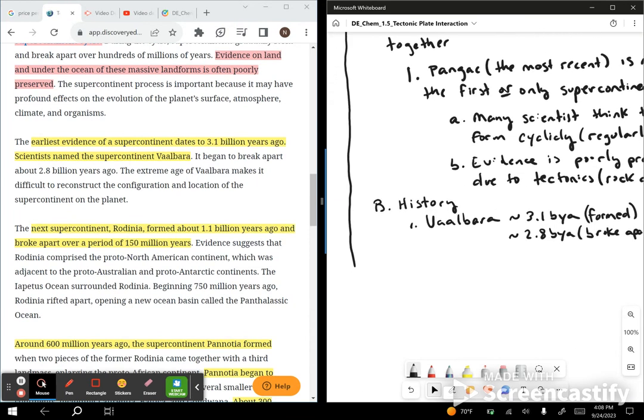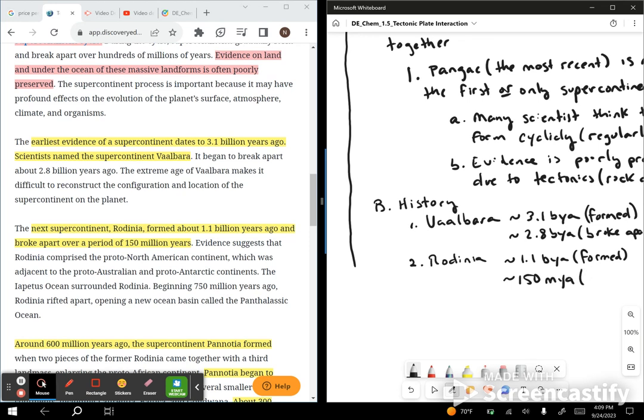The next supercontinent, number 2, they call Rodinia. And this one formed about 1.1 billion years ago, and it broke apart approximately 150 million years ago.